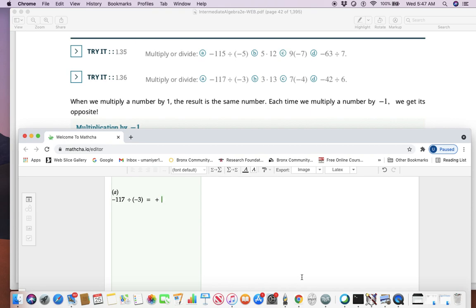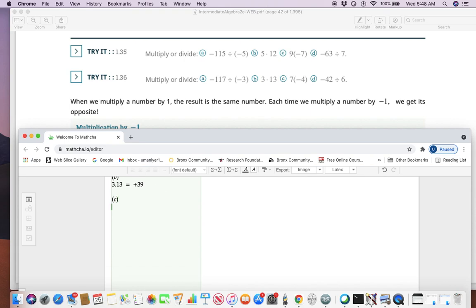This will take some calculation by hand, but you can do this division. 3 goes in 11 3 times. 2 is the remainder, 27. So that's a 9. 39. Next, 3 times 13. They are both positive, so it's a positive 39.